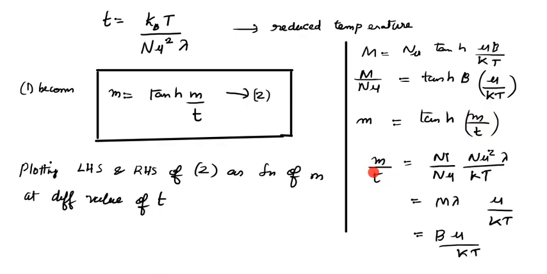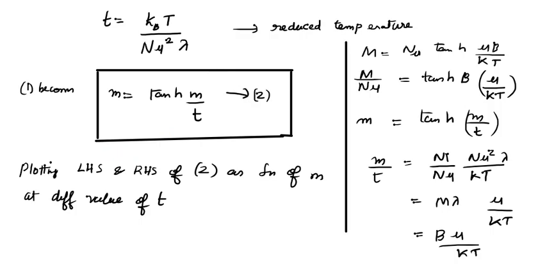It is shown here how the term inside the bracket becomes m by t. Thus, this is the new relation between reduced magnetization and reduced temperature.